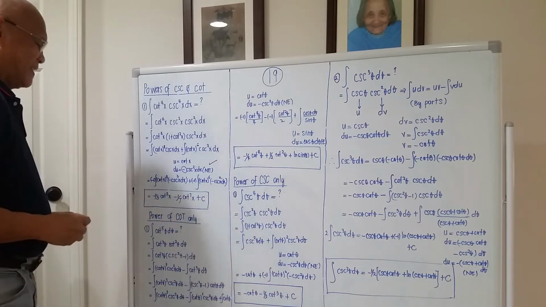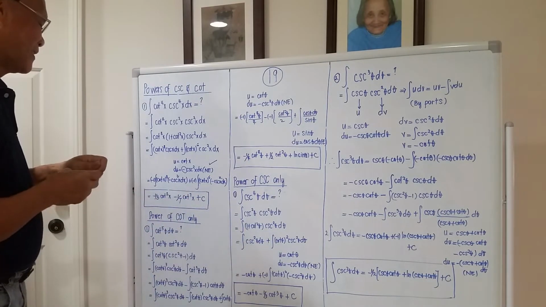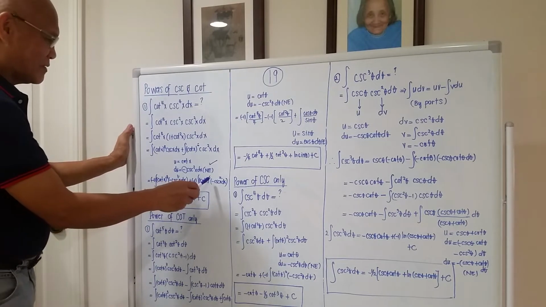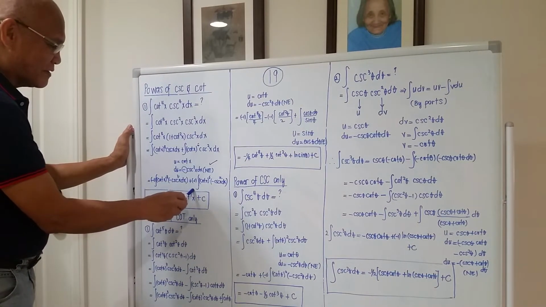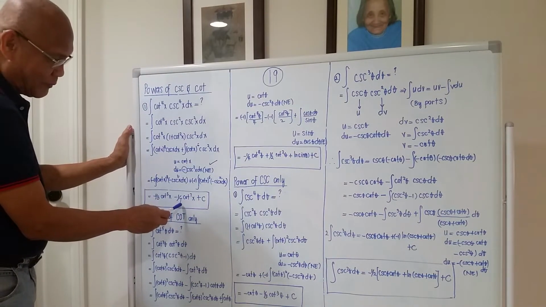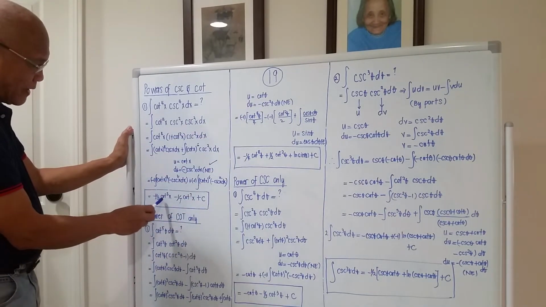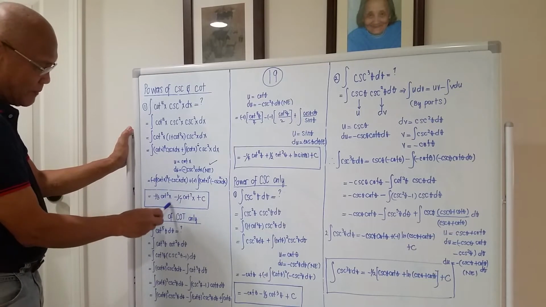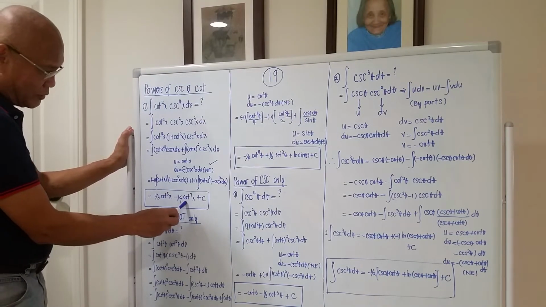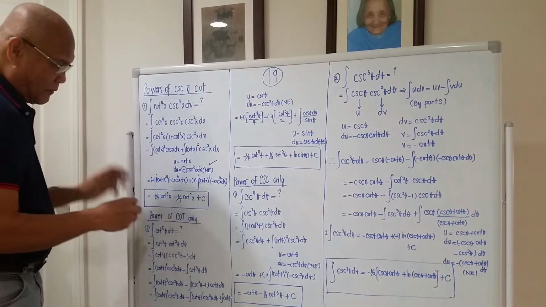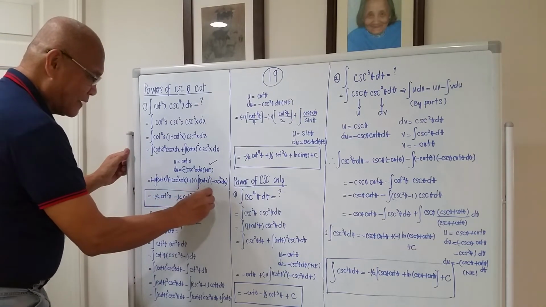It's correct, because 6 plus 1 is 7. So the denominator will be 7. So final answer, this should be minus 1 over 5 cotangent to the 5 of x, minus 1 over 7 cotangent to the 7 of x, plus c. That's the final answer.